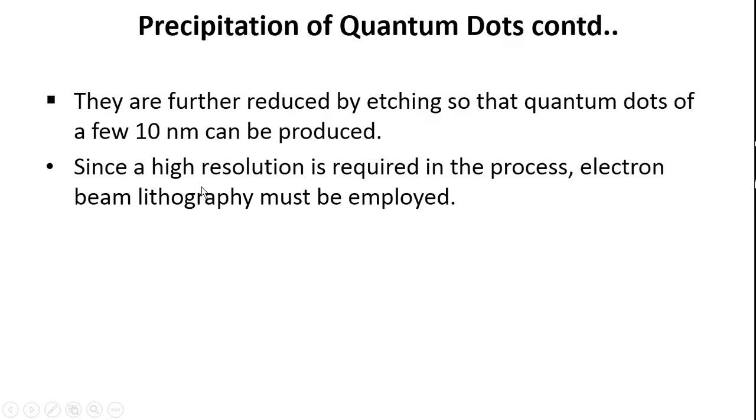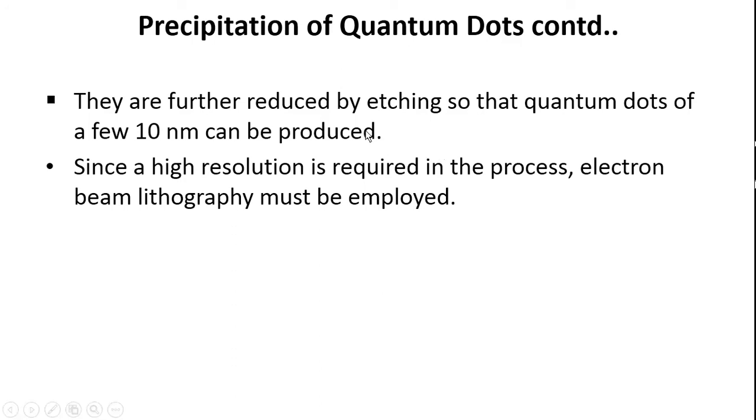The size of the quantum dot depends on the smallest possible electron beam that can be directed upon the surface. That is the smallest possible size of the quantum dot which can be produced.